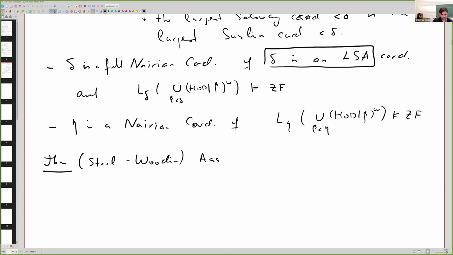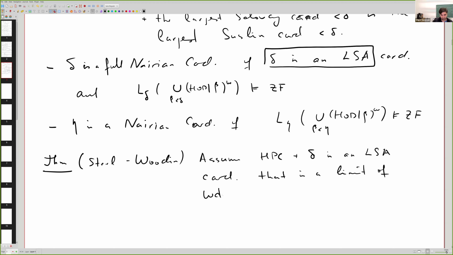Assume HPC plus delta is an LSA cardinal, and there is a limit of Woodin cardinals in HOD. That means HOD thinks delta is a limit of Woodin cardinals. Then delta is a full Nairian cardinal.